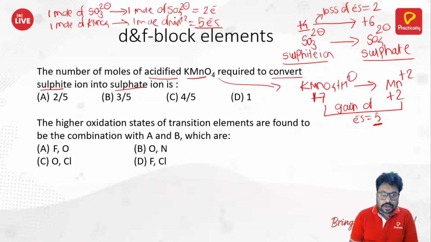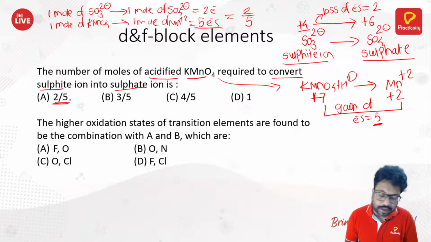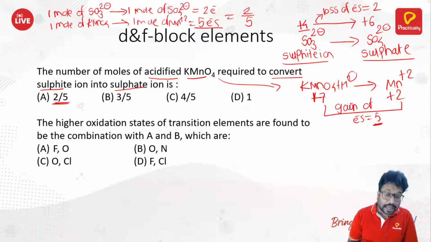So if 1 mole of this requires 2 electrons and KMnO4 is gaining 5 electrons, for this you require 2 by 5. It is quite straightforward, isn't it? 2 by 5. And that is why for this question, the answer has to be A, 2 by 5.